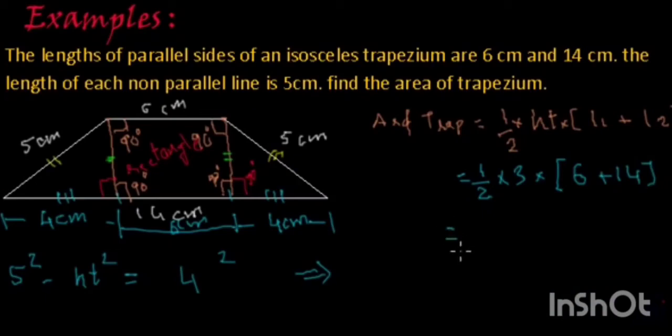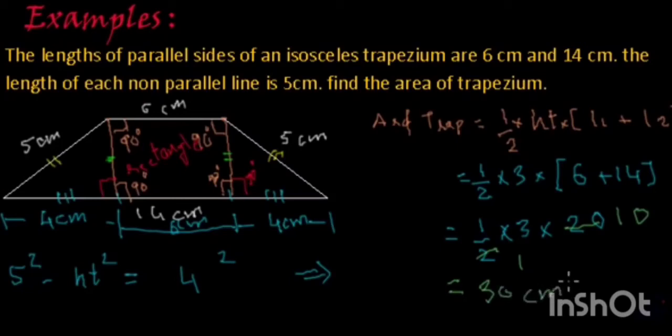And this will be equal to 1 by 2 multiplied by 3 multiplied by 6 plus 14 is 20, right? And now if we solve it further, 2 ones are 2, 2 tens are 20. So now if you multiply 3 by 10, 3 tens are 30 centimeter square. So this is the area of the trapezium.